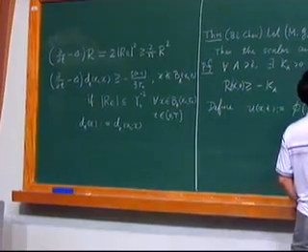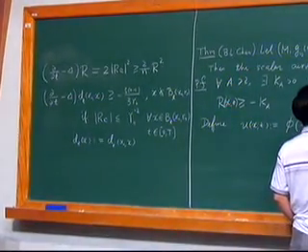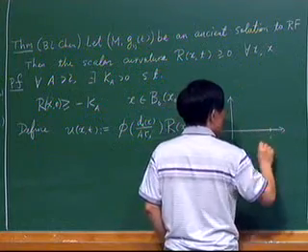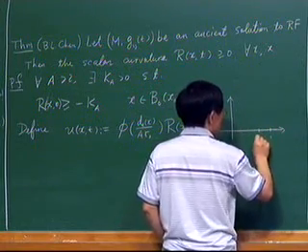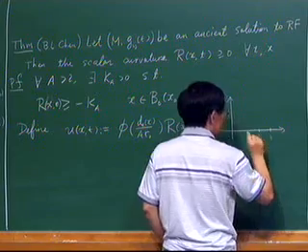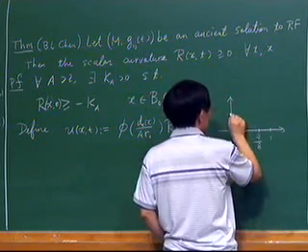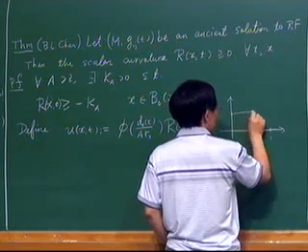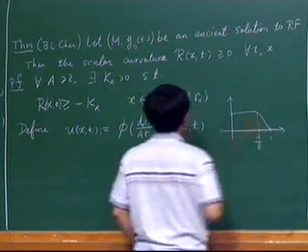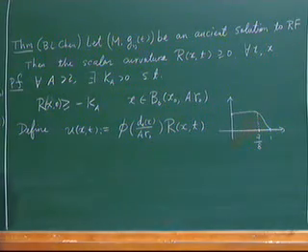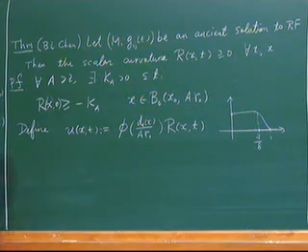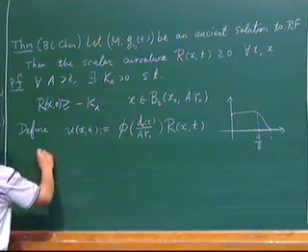Where phi is the function like this. It's 1, it's 7 over 8, it's 1. So we will see what this satisfies.